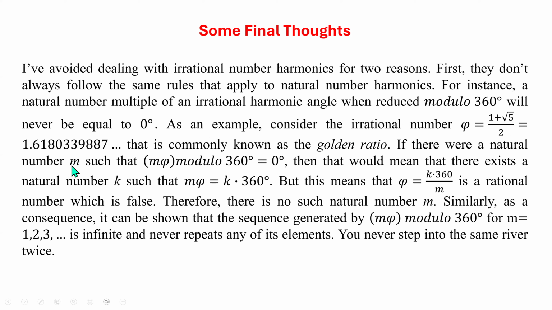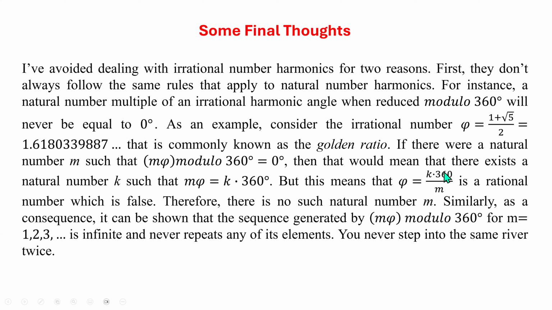If there were a natural number m such that m times phi modulo 360 degrees were equal to 0 degrees, then that would mean that there exists a natural number k such that m times phi is just a natural number multiple of 360 degrees. But that means in turn that phi is equal to k times 360 degrees over m, and this is going to be a rational number, right?